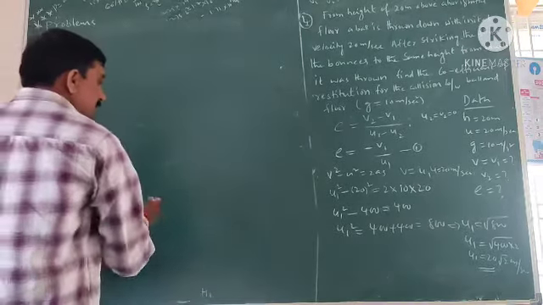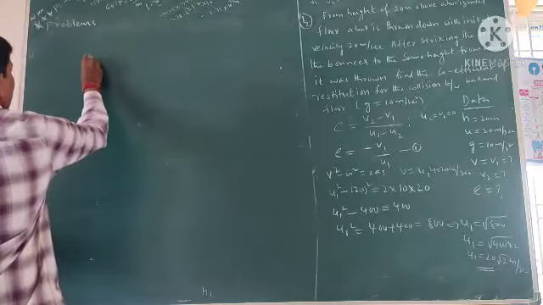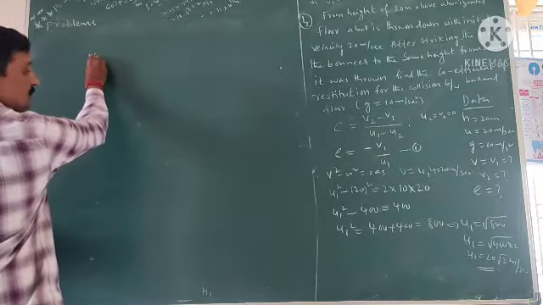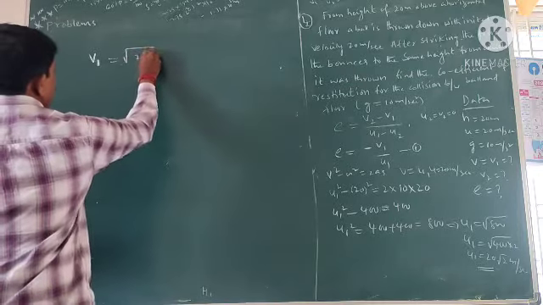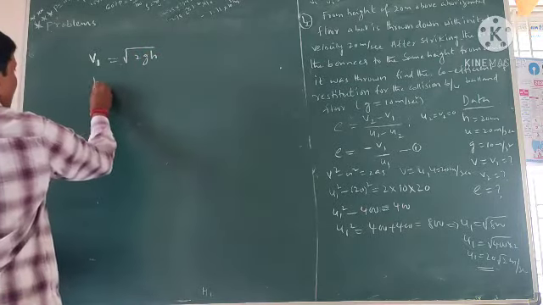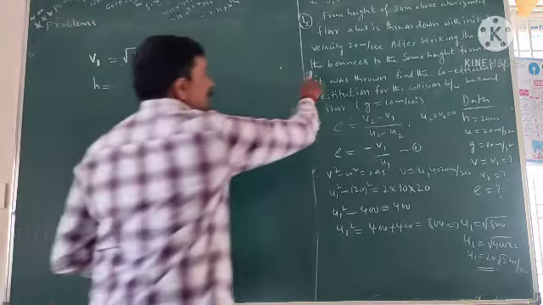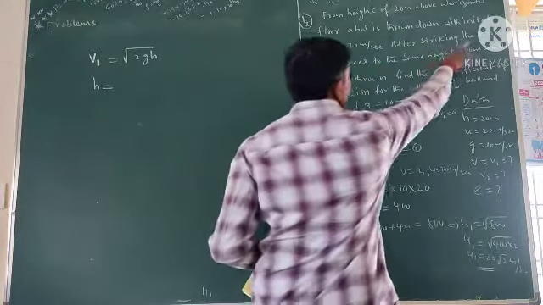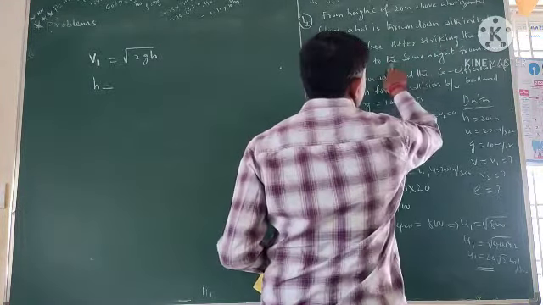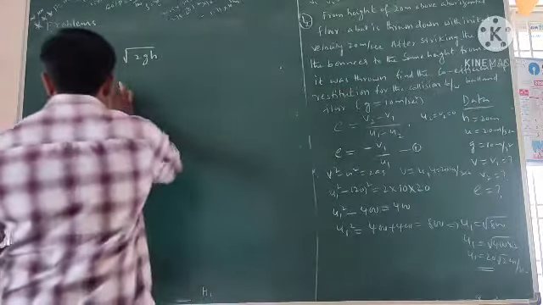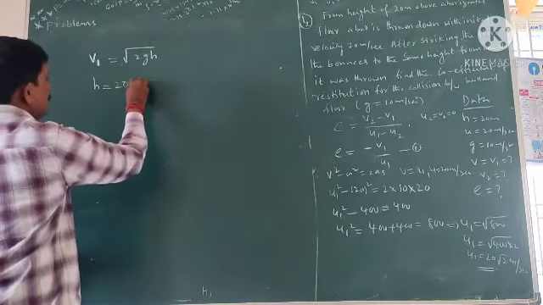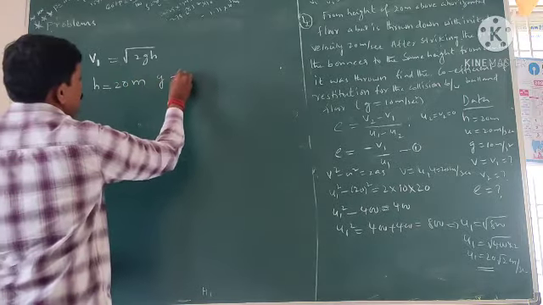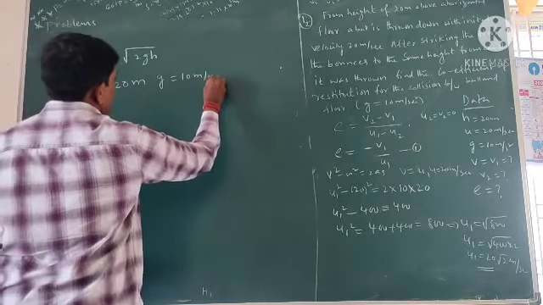Again, V1 is equal to under root 2GH, directly using the formula. After striking the floor, the ball bounces to the same height, so again H is equal to 20 meter, G is equal to 10 meter per second square.